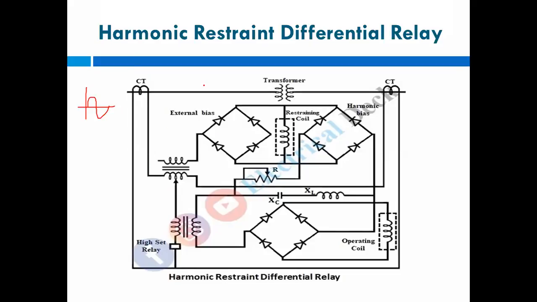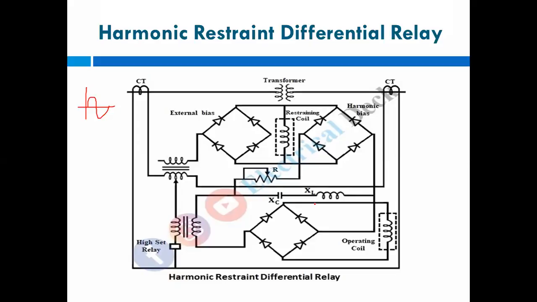Okay, actually we are protecting the transformer. Here is one CT at the primary side, and the next CT at the secondary side. We are giving the CT secondaries to the operating coil only. Whatever circuit we have seen previously is the same, but it goes through this rectifier unit. And here we are using some filters, the XC and XL, for removing these harmonics.